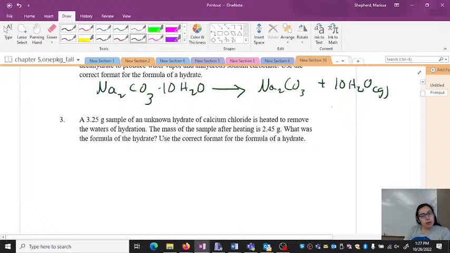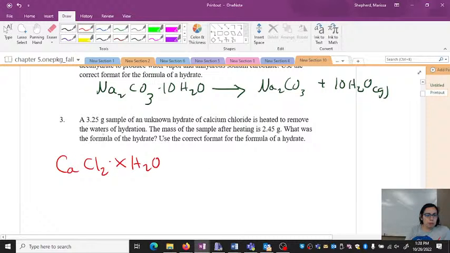And so now let's look at part 3. Part 3 is really a stoichiometry problem, so we can take everything that we learned on Monday and apply it now to this problem. We start with a 3.25 gram sample of an unknown hydrate of calcium chloride that is heated. So we know we have calcium chloride. I don't know what X is yet, but I have X amount of water.